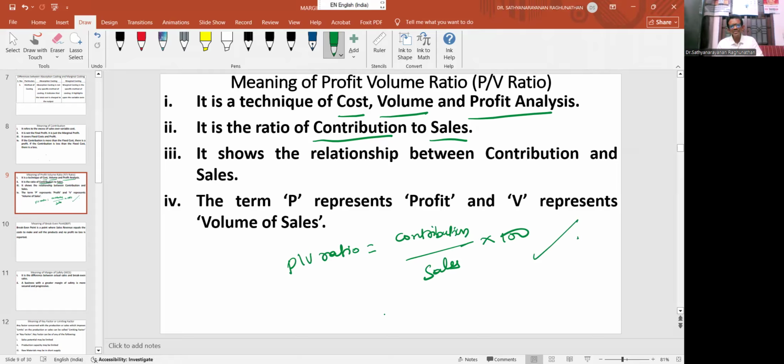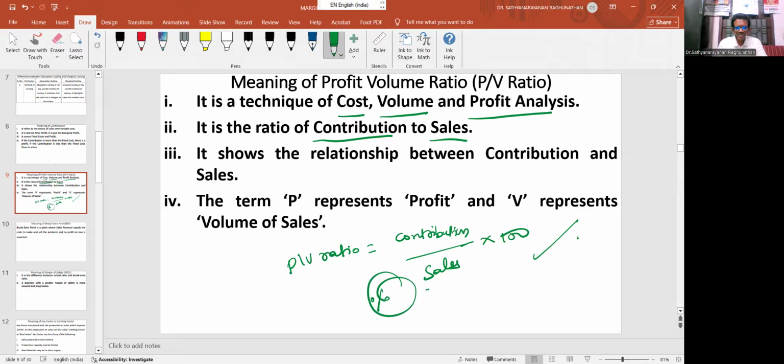How much percentage is the contribution? That is what is called PV ratio. PV ratio is measured only in terms of percentage.